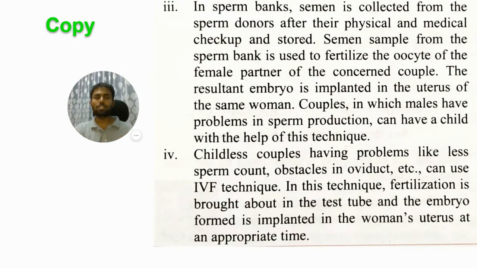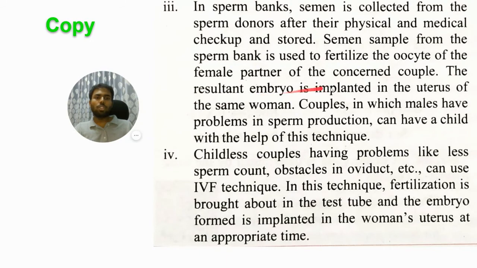Okay, semen sample from sperm bank is used to fertilize the oocyte of the female partner of the concerned couple. So if there's a couple whose male partner has a problem, for example the sperm count is not that great, then they can take the sperms from the sperm bank and fertilize the woman of this couple.